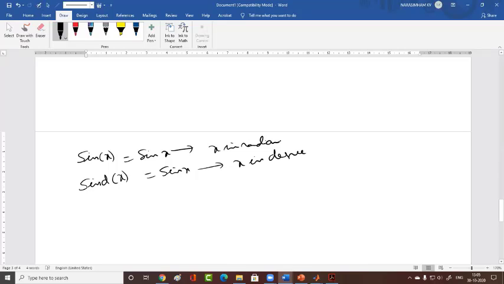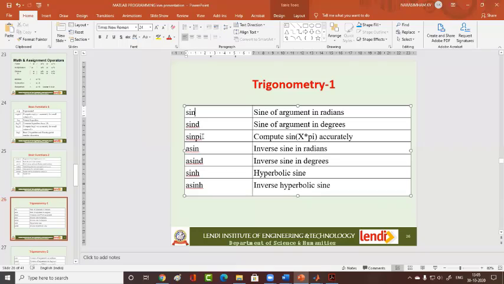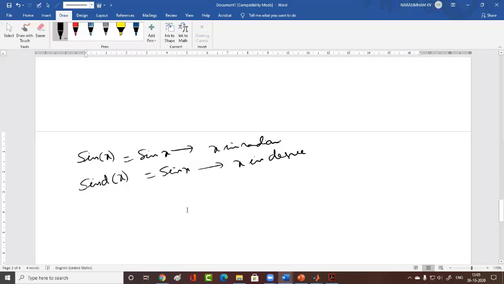And another one is, we will discuss one by one, sin pi. Listen carefully. This is a new function which is introduced in the latest versions, but this function is not available in previous versions. Recently added this command. Sin pi of x is nothing but sin of pi x.